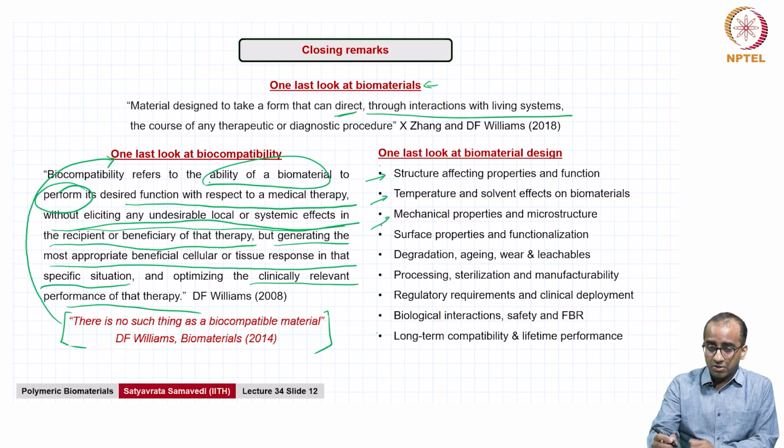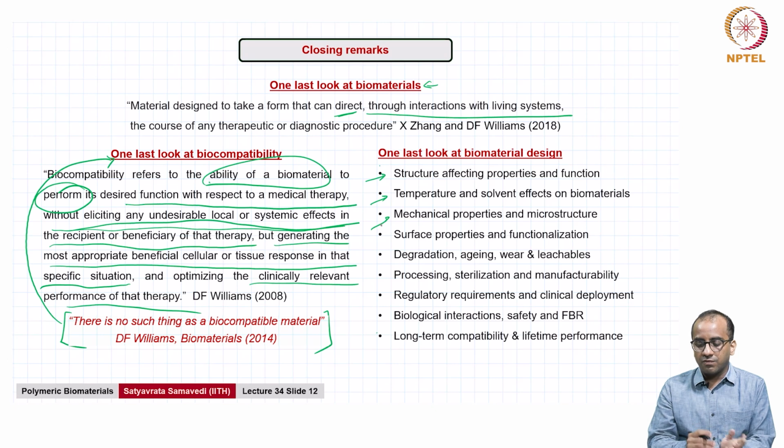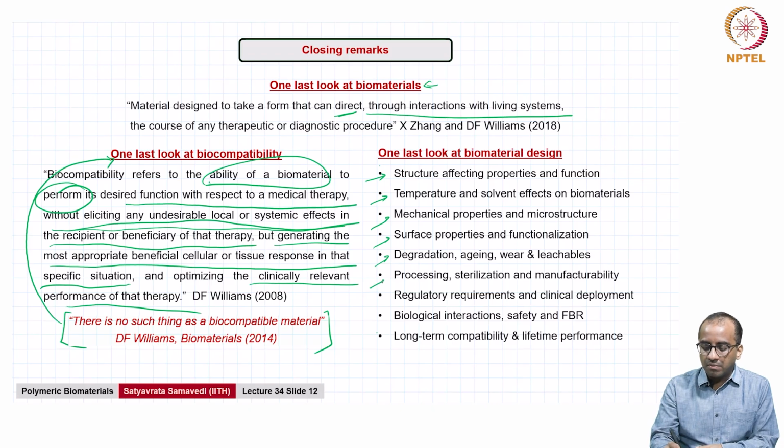Mechanical properties and microstructure affect the performance and host responses. Then surface properties and functionalization, which we've also looked at, from protein adsorption to blood compatibility to eventually performance in a host. From a material-host interaction perspective, you can have degradation, aging, wear and leachables. And from a more translational perspective, you can think about processing, sterilization and manufacturability.